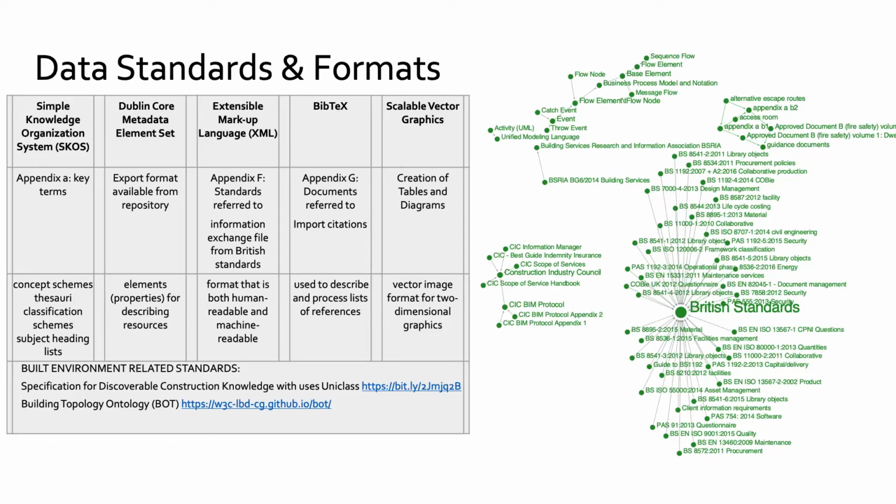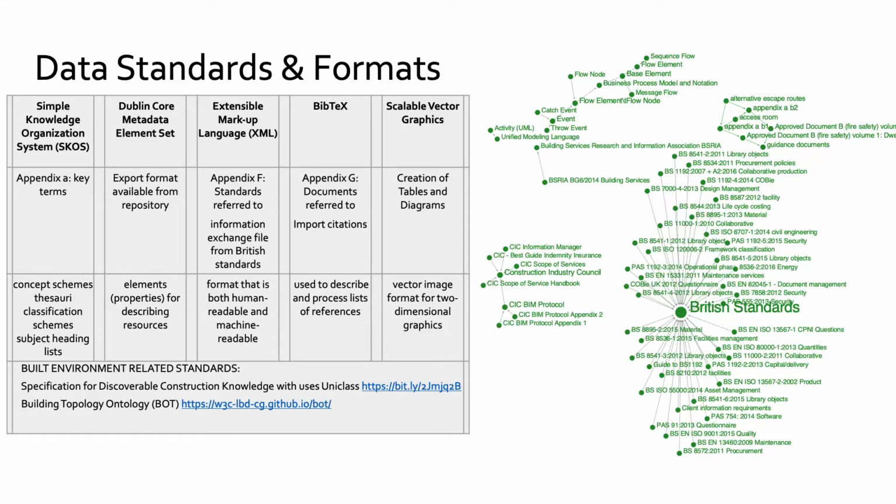Now the last one, as far as the standards that were used on this particular project at this particular time, are scalable vector graphics. And I used this to create the tables and diagrams, so that machines could read the text and the entities that were inside of some of these tables and diagrams.